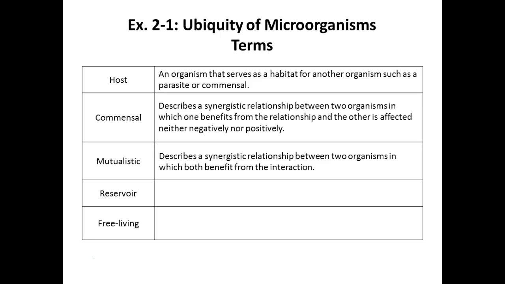A reservoir. So this is a non-human host, so some other animal other than a human. We forget sometimes we're animals. We put ourselves on this little pedestal. So non-humans, so other animals, or other sites in nature that serve as a perpetual source of pathogenic organisms. What do you want to avoid? In Louisiana, as far as rabies is concerned, anyone know who you should avoid?